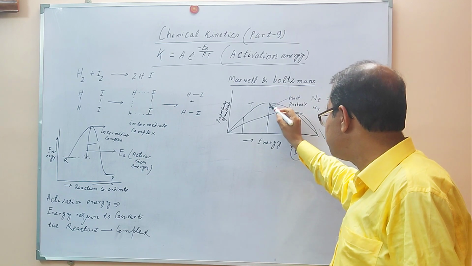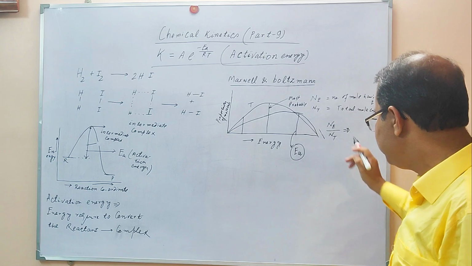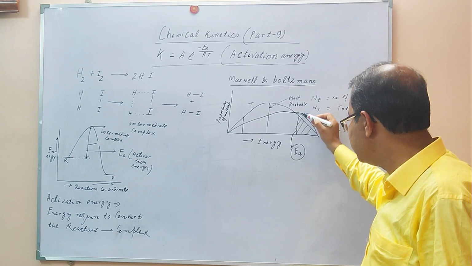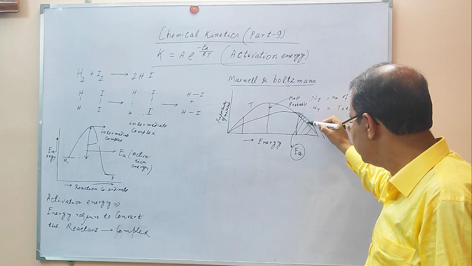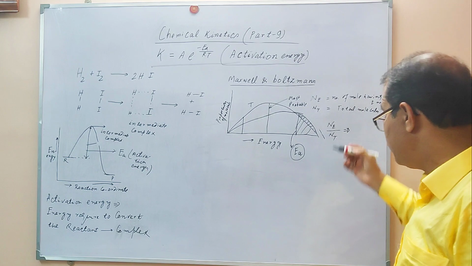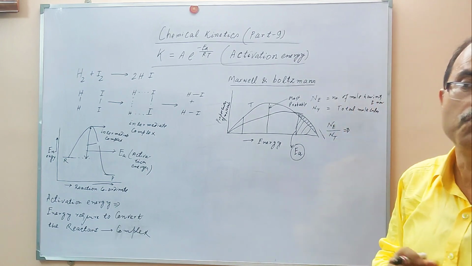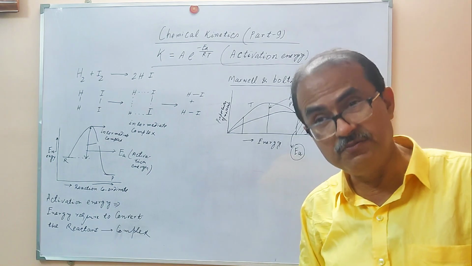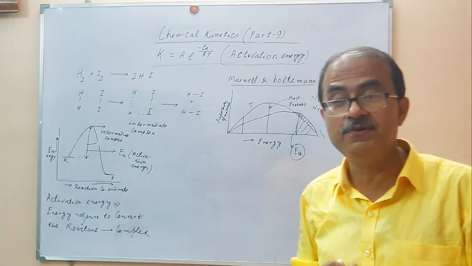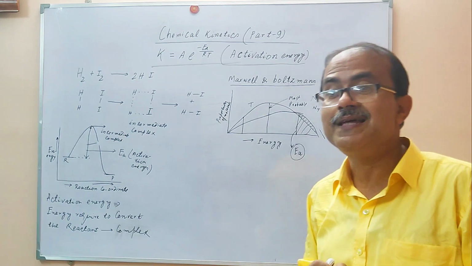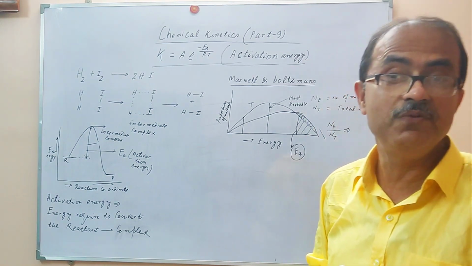This peak is shifted, and the proportion of molecules at this value has increased here. When the proportion of molecules having the activation energy EA and above has increased, the rate of the reaction will be higher.